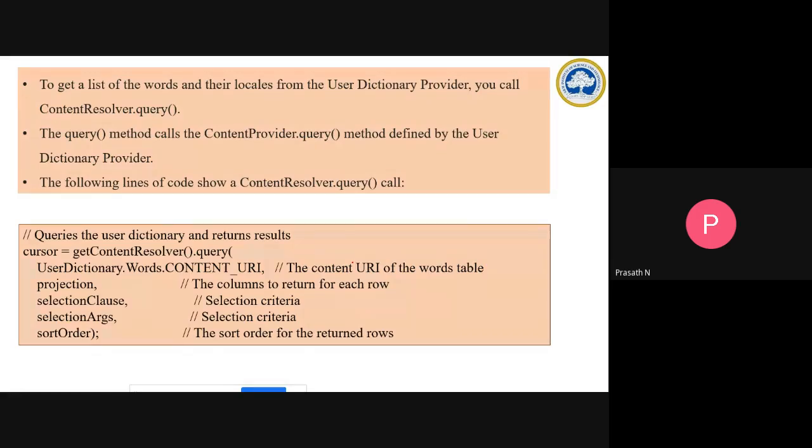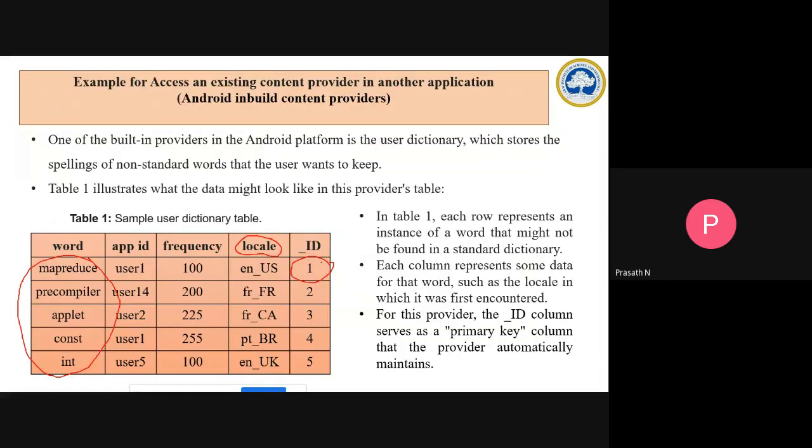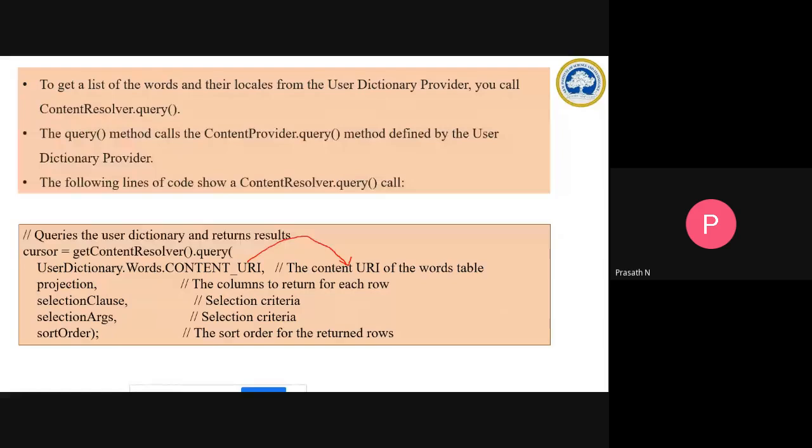Where you could see that UserDictionary dot Words dot CONTENT_URI is nothing but the content URI of the word table. The next one is the projection.